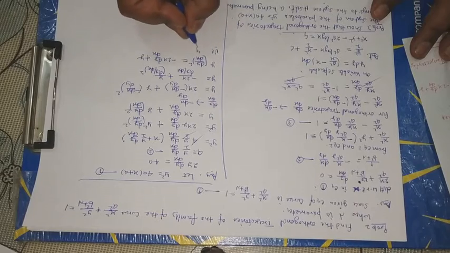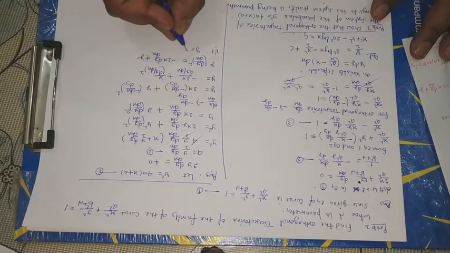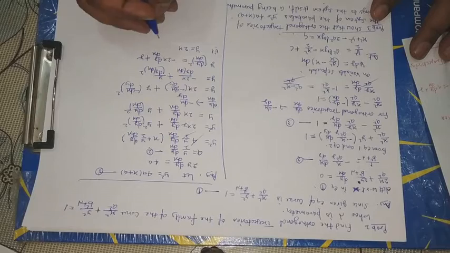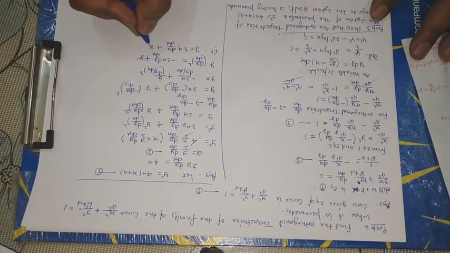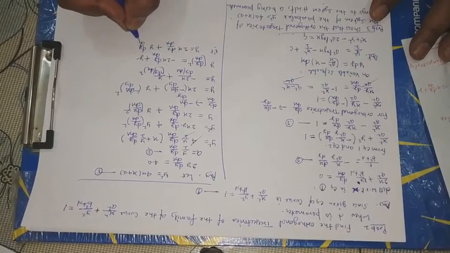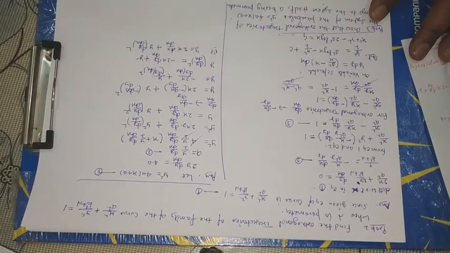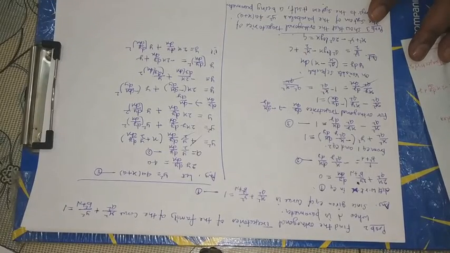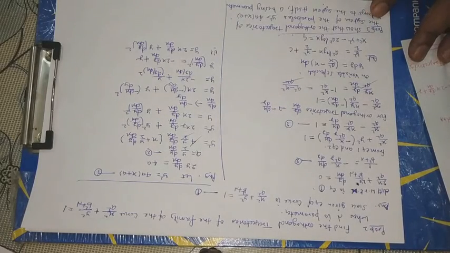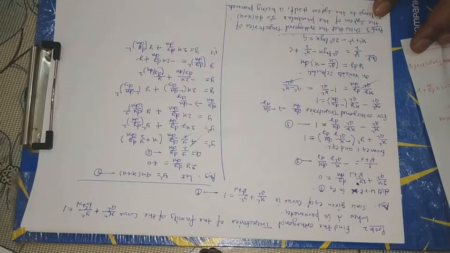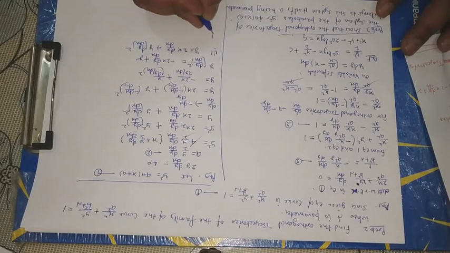That is, y is equal to 2x dy dx plus y dy dx whole square. Okay, this is the required equation of the orthogonal trajectory.